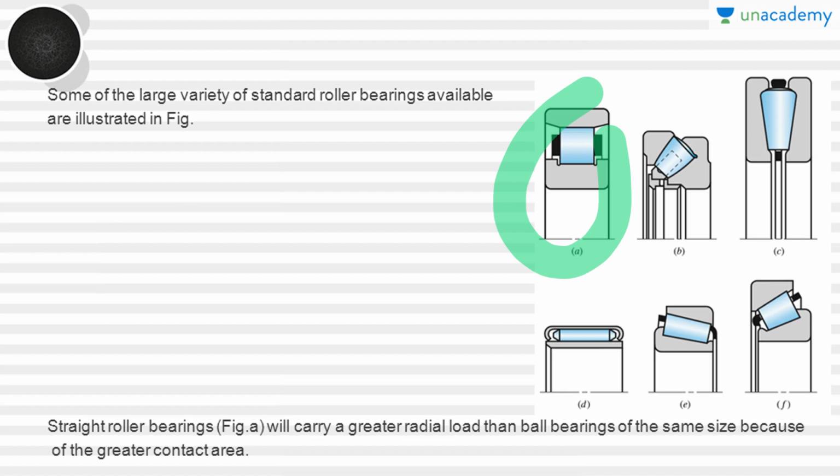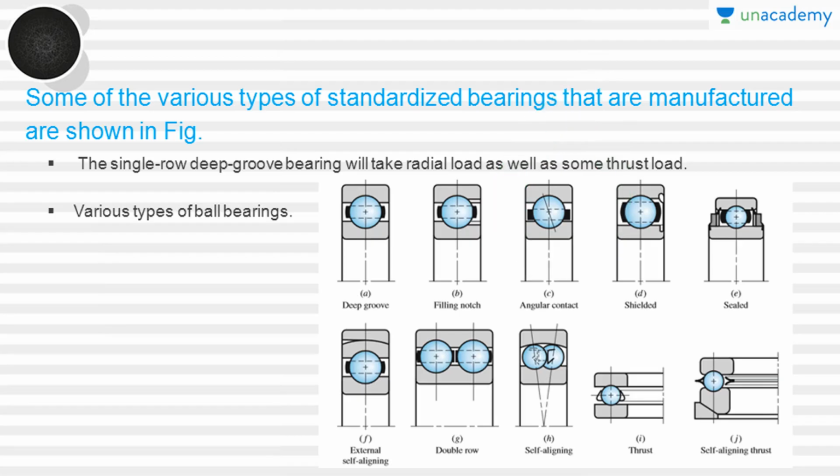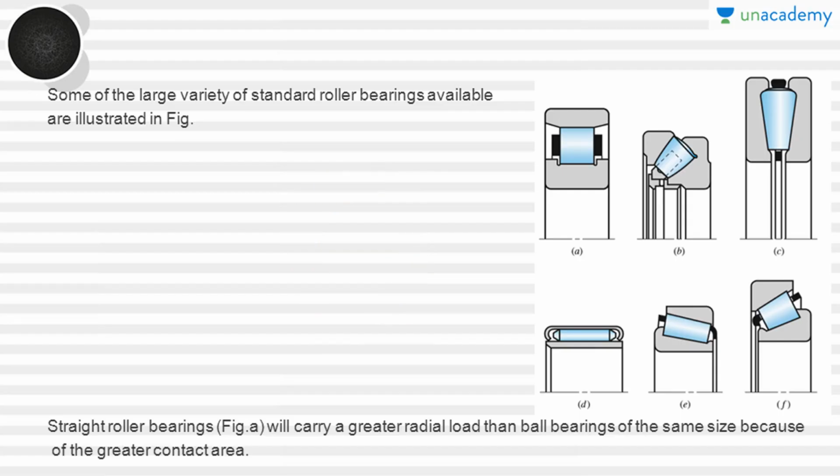As you can see, the contact area for the deep groove ball bearing is less than the contact area for the straight roller bearing in figure A. That's why these straight roller bearings will carry a greater radial load than ball bearings of the same size, because of the greater contact area.